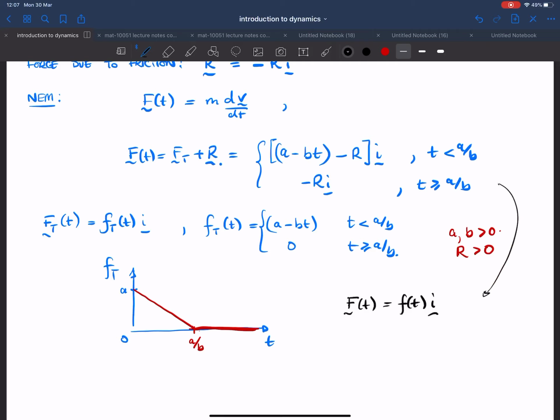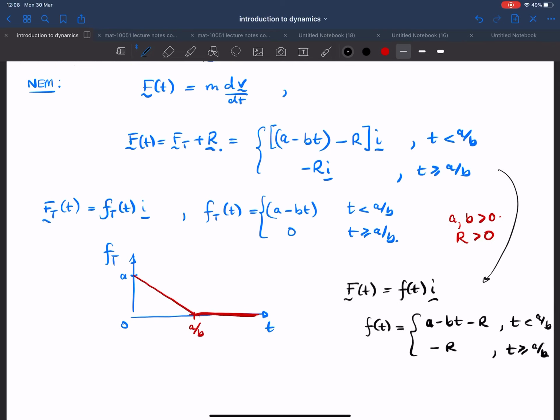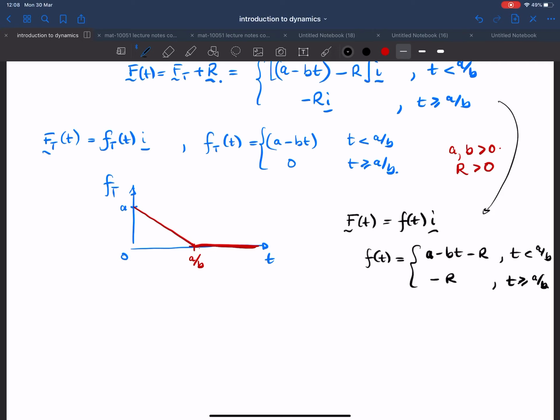And that function is A minus bt minus R, and minus R. So in effect, this is some shifted function. It's the same graph, but now it's shifted downwards.